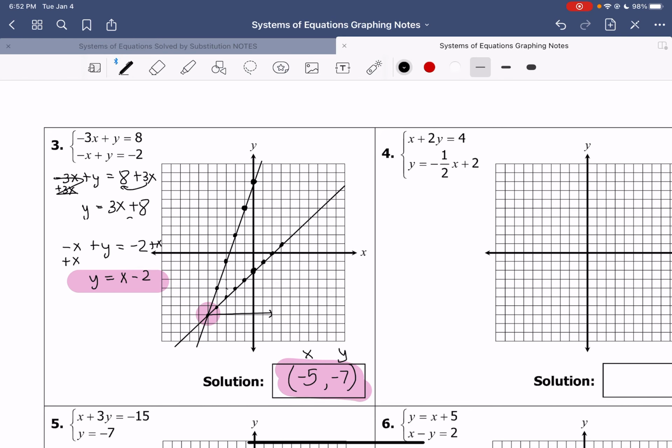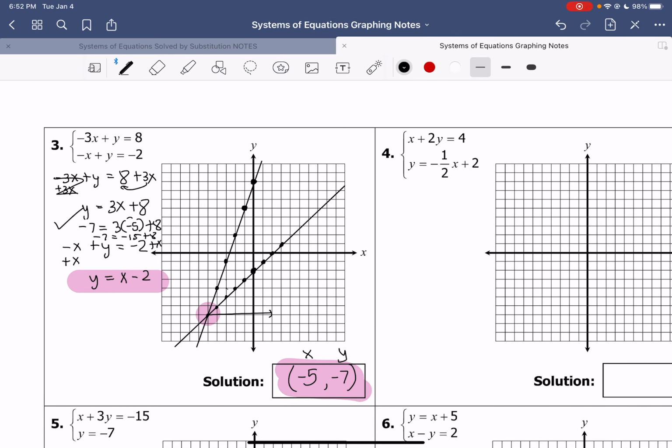So the first one we have -7 is equal to 3 times -5 plus 8. So 3 times -5 is -15, so -7 is equal to -15 plus 8, which is -7. So we have that one that checks out.